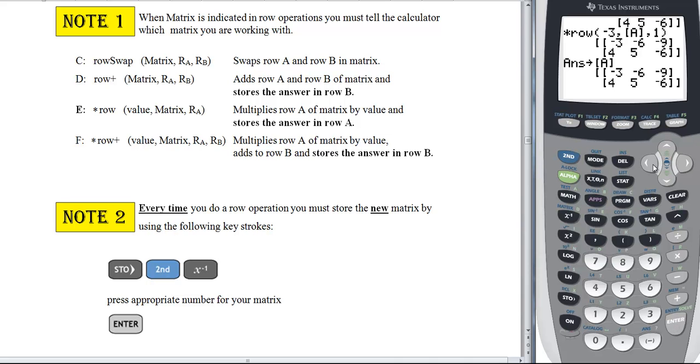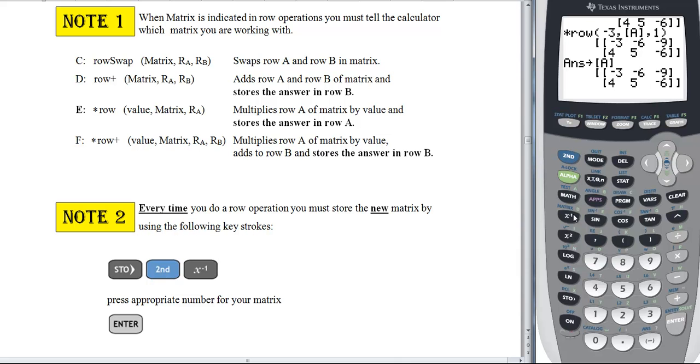Well, let's say I want to get this back to a 1. I want this position a 1. If I multiply that position, that means everybody's got to get multiplied. So I need to multiply by its reciprocal, -1/3. So let me get just the multiplication again.